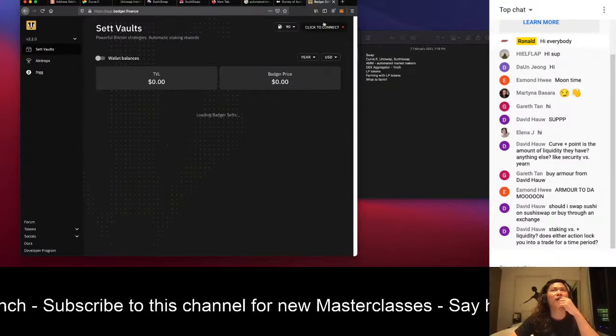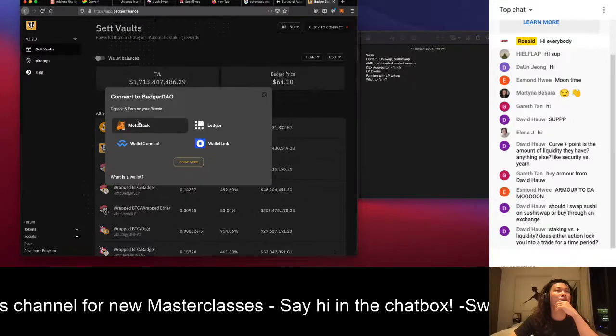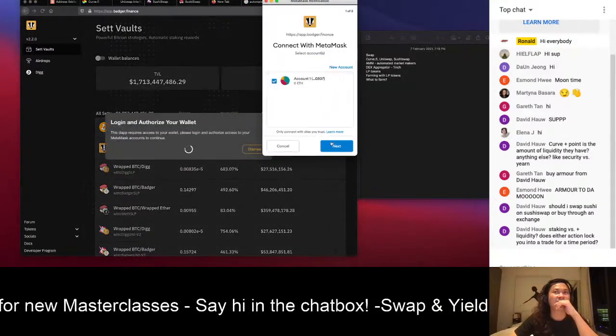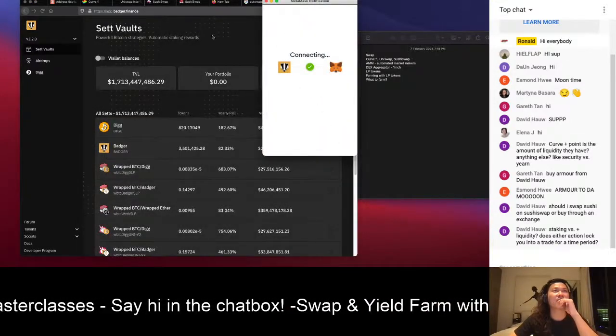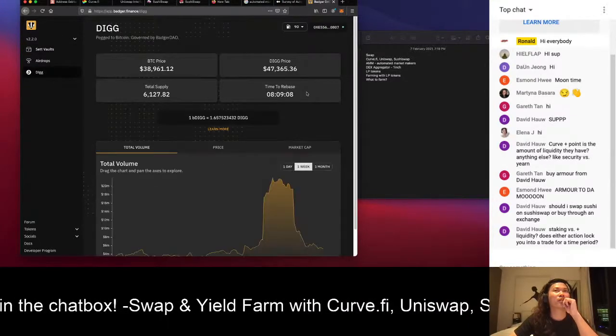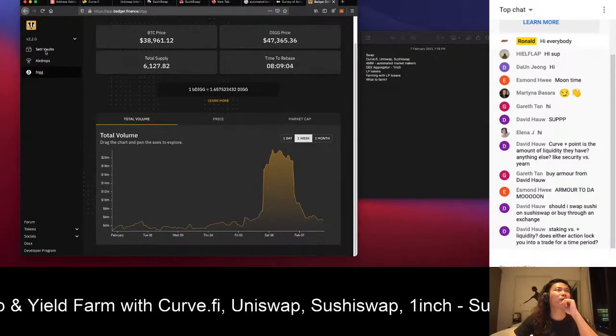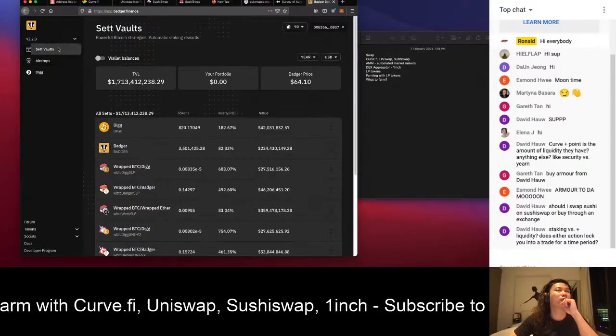And Badger, first thing you go in, you click to connect, MetaMask, next, connect. Badger, what they do is they have this token called DIG, right?